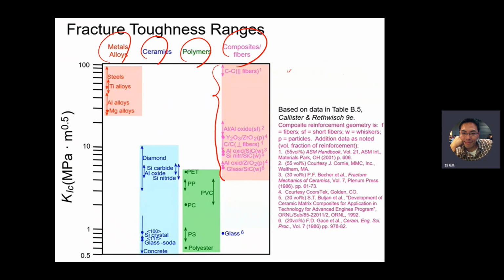Composite has the highest range of fracture toughness. So what's the reason why?